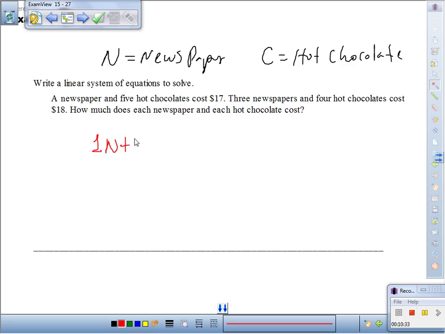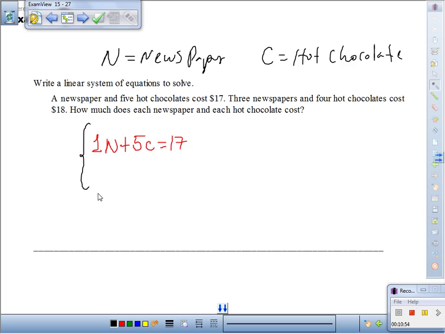So what do I write? 5C is equal to how much? 17. Okay, there's my first equation. I want you to write the second equation with the other information. Go. Right underneath that one. And you're going to put your bracket to make it your system.